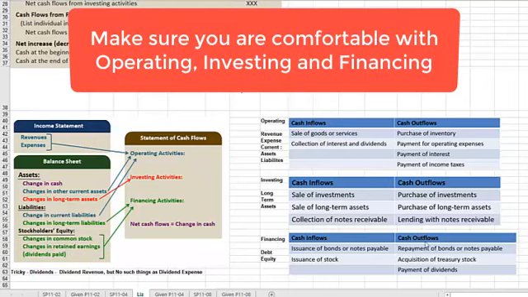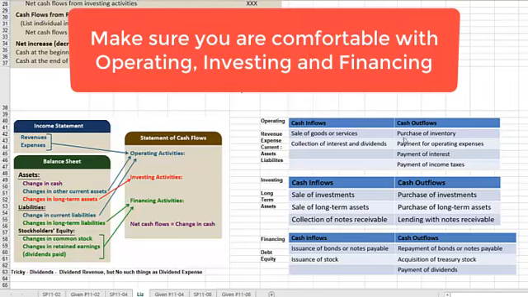Or we can look at it in this blue chart, which lists them out more specifically. In operating, we have cash inflows from the sale of goods and services. These are the things that we do to operate. We are in a business and we are operating by selling things and providing services. Also, collections of interest revenue and dividends revenue. All right, these are things coming from the income statement.